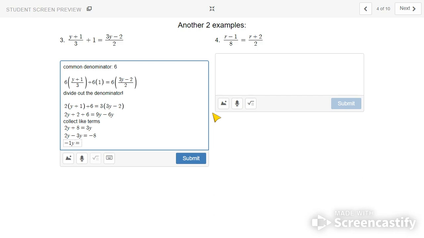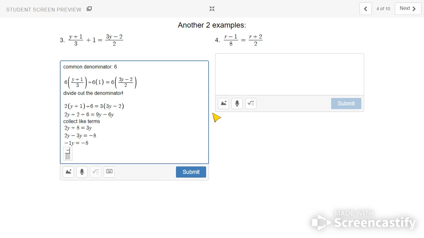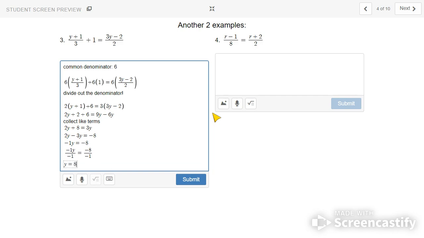Negative 1y equals negative 8, and we're not finished here because we must have a positive variable. I need to divide both sides by negative 1. We have y is equal to 8.